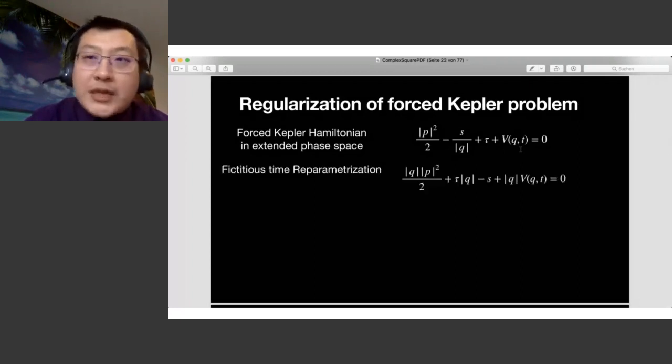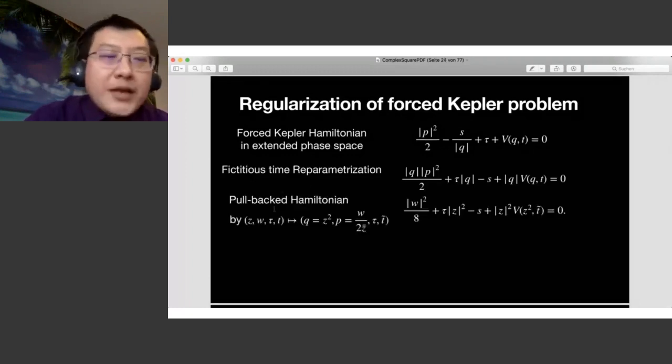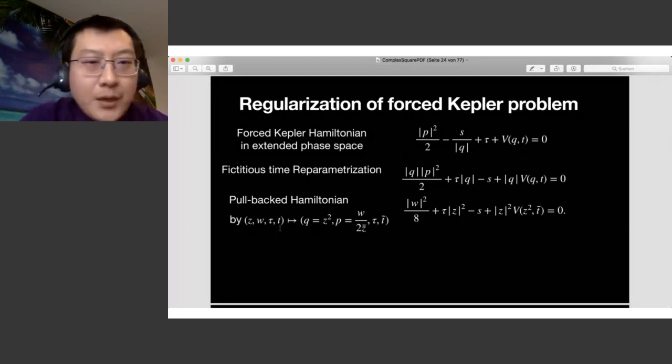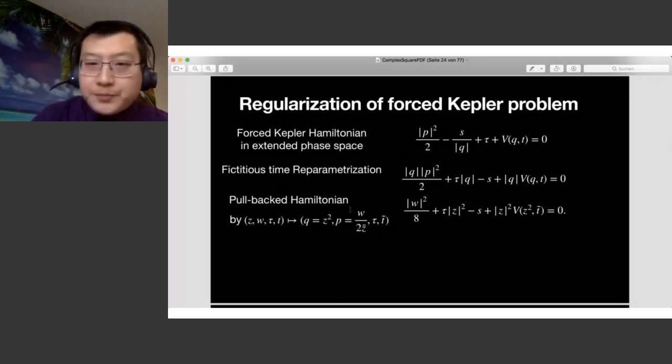We multiply both sides by norm of q, and then we pull back by the natural completion of the mapping z to z squared. And here there's an issue about the variable t, which is now the space variable, that one has to shift in order to keep this whole mapping canonical.